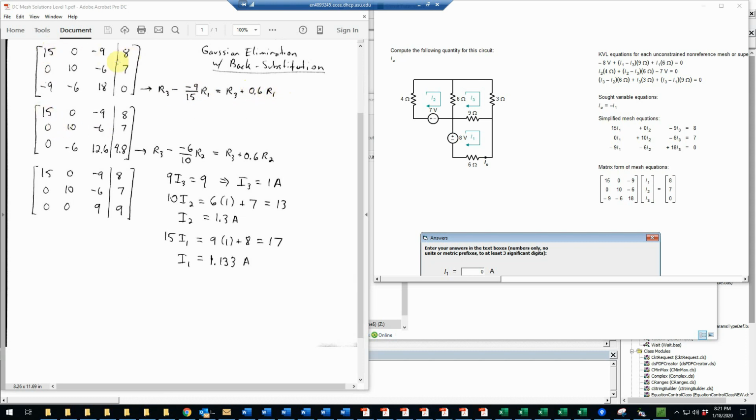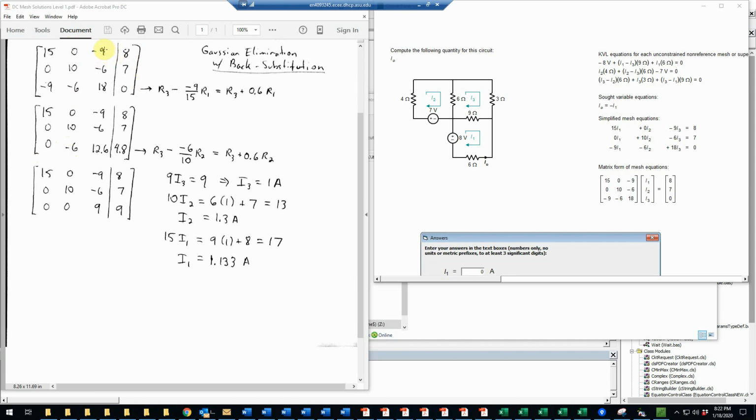So we're not doing anything to rows 1 and 2 here because we don't need to. So we just copy those over as I've done here. And then for row 3, the negative 9 plus 0.6 times 15, we know that that gives us 0, so we don't really even need to calculate that. Here there's nothing to add, so we just copy the row 3 down. Negative 6 becomes negative 6.